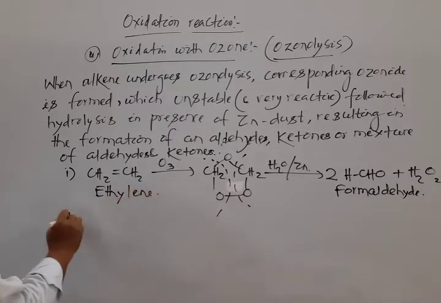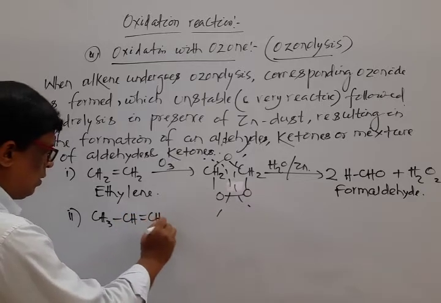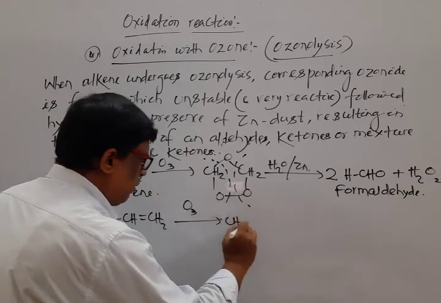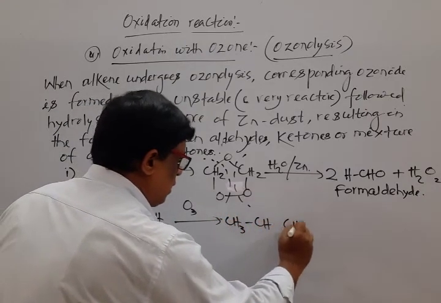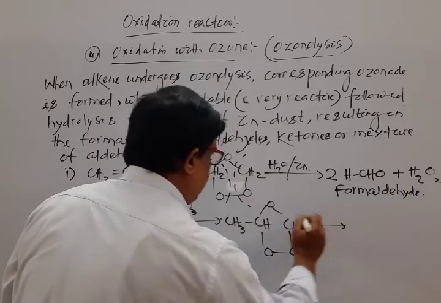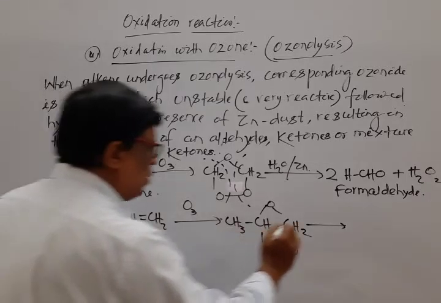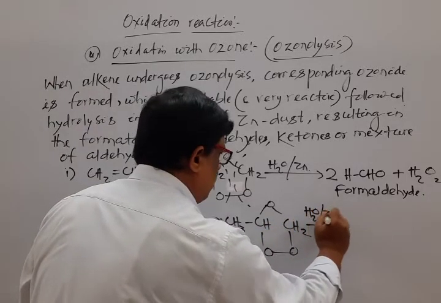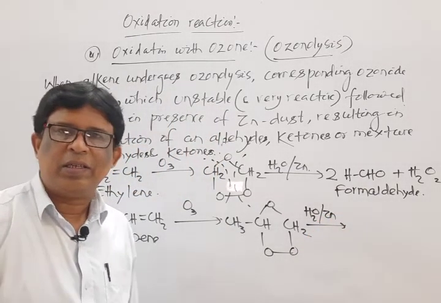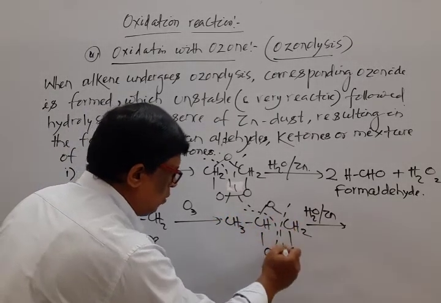If I select another example, CH3 CH=CH2, ozonolysis, we form the corresponding ozonide of propene, which is unstable, followed by hydrolysis in presence of zinc dust. Mark that. This bond also breaks.